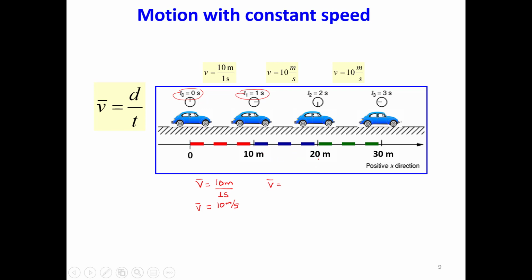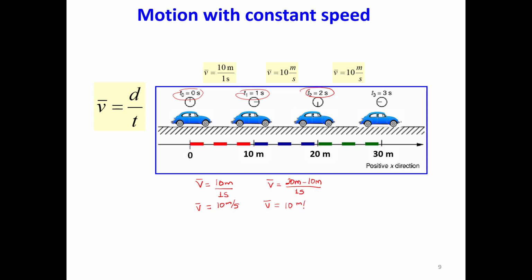Maybe I will write here that the distance corresponds to 20 meters minus 10 meters, divided by 2 seconds minus 1 second, which is 1 second. The average speed will be 10 divided by 1, which is 10 meters per second.